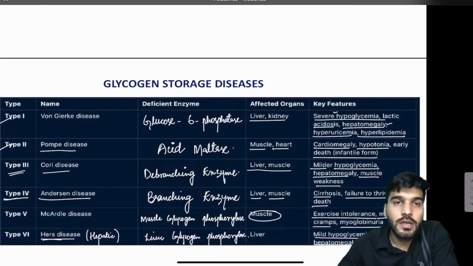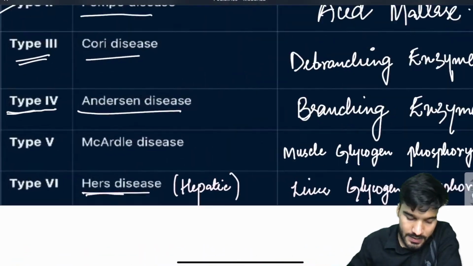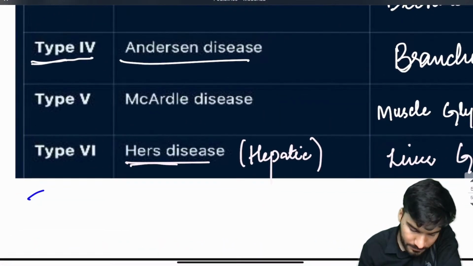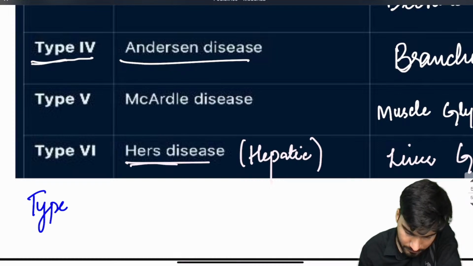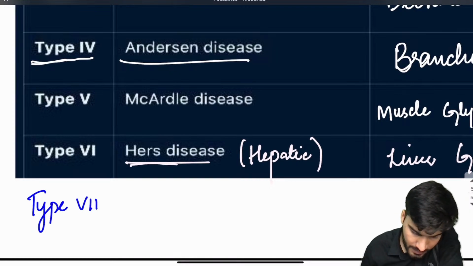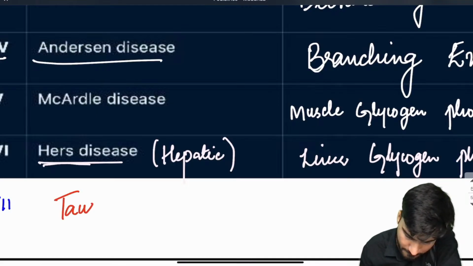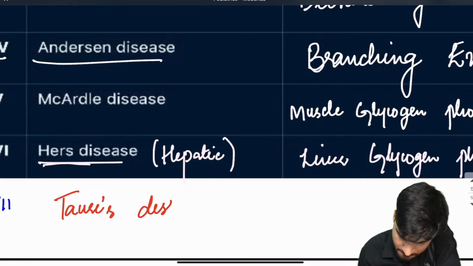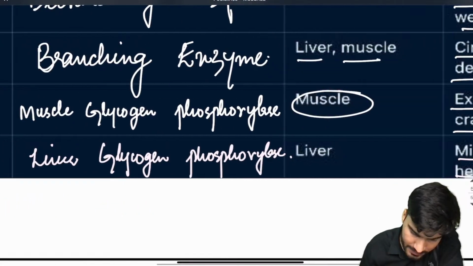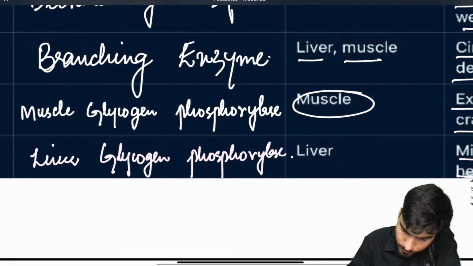These are the glycogen storage diseases. We have type 7 as well, called Tarui disease. The enzyme deficient is phosphofructokinase.